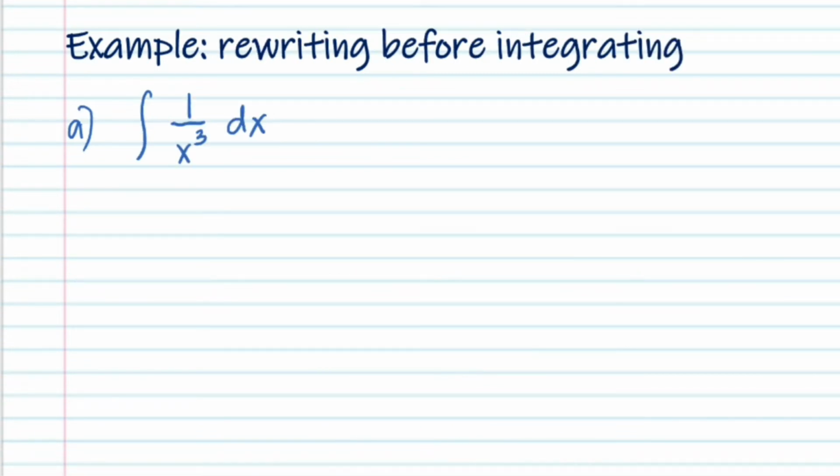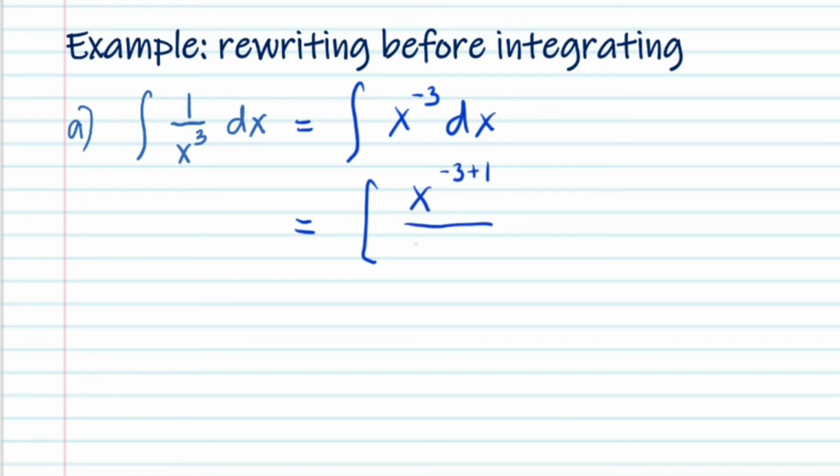Next example, sometimes when you get the antiderivative of a function, you have to rewrite it before you can start integrating. Here, let's try to rewrite 1 over x cubed dx as x to the negative 3 dx. x to the negative 3 plus 1 over negative 3 plus 1 plus constant, x to the negative 2 over negative 2 plus c.